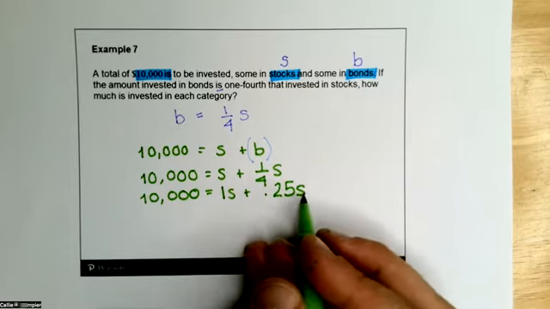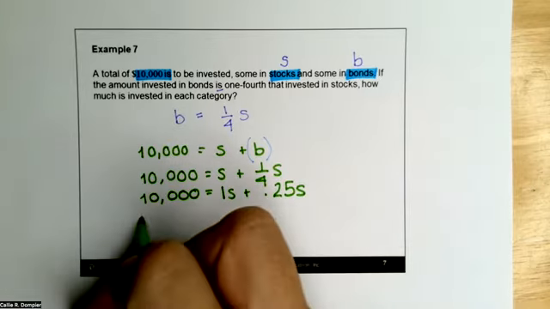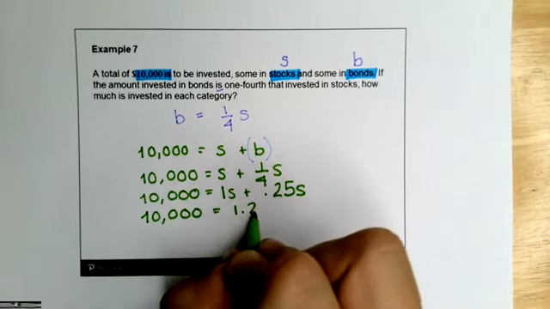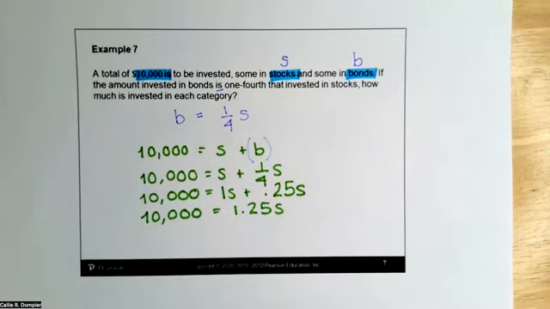Good. So if I combine 1S and 0.25S, I get 10,000 equals 1.25S. The stocks and bonds together make 1 and another quarter stocks. Good. Okay.